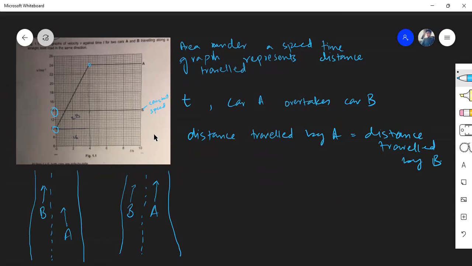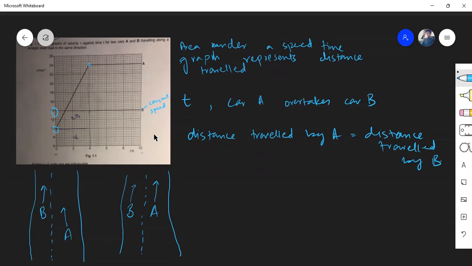Although A starts at a lower speed than B does, eventually it starts moving at a much greater speed than B. So it's quite normal, like when you're on a road and you overtake a car, that means your car is moving faster than the car that you're overtaking. Okay. Are you following this? Yeah. Your question is valid here.